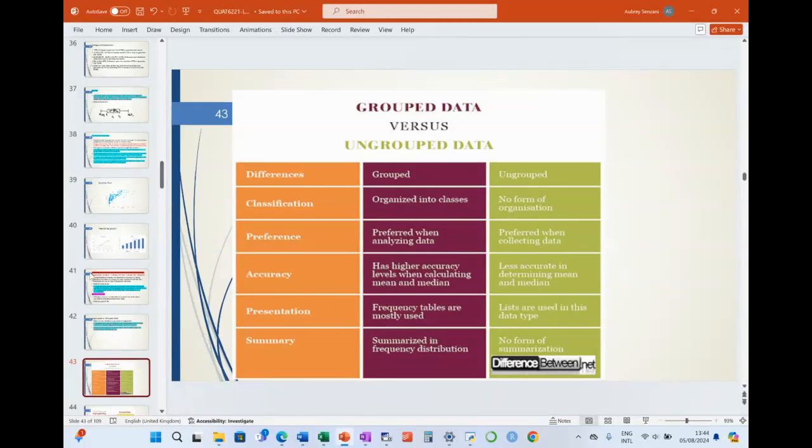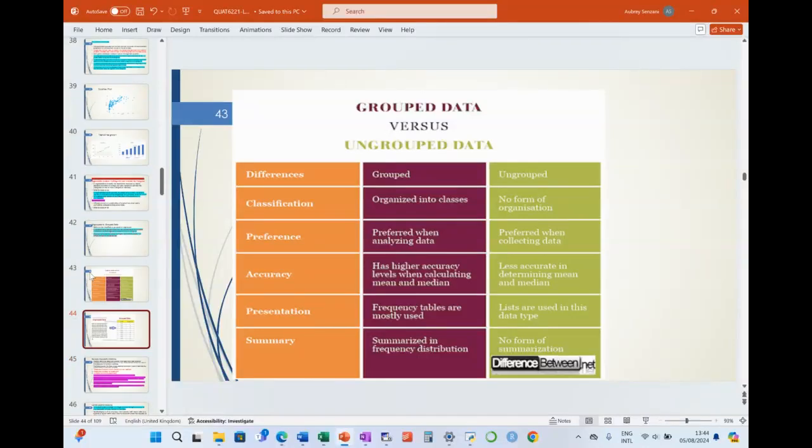Lists are used for ungrouped data. We say, what are the ages of our customers? And we just list: we've got 24, 32, 54, 64, etc. Then summary: grouped data is summarized in a frequency distribution, while ungrouped has no form of summarization, because it's just scattered, it's everywhere. Does that make sense?